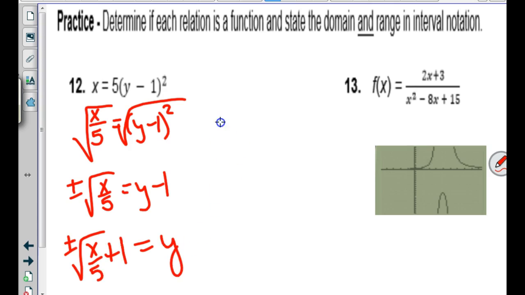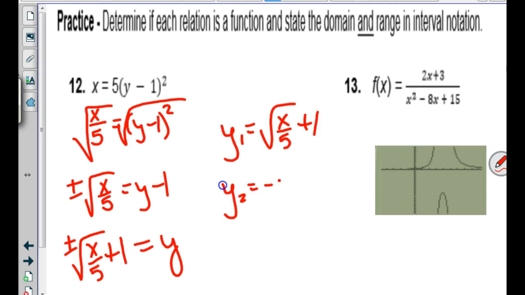Okay, if you wanted to type that in your calculator, you'd actually have to type that in y1, and in y2 you'd have to type this, to get both the plus and the minus branch. What you're going to get is two branches of a sideways parabola.